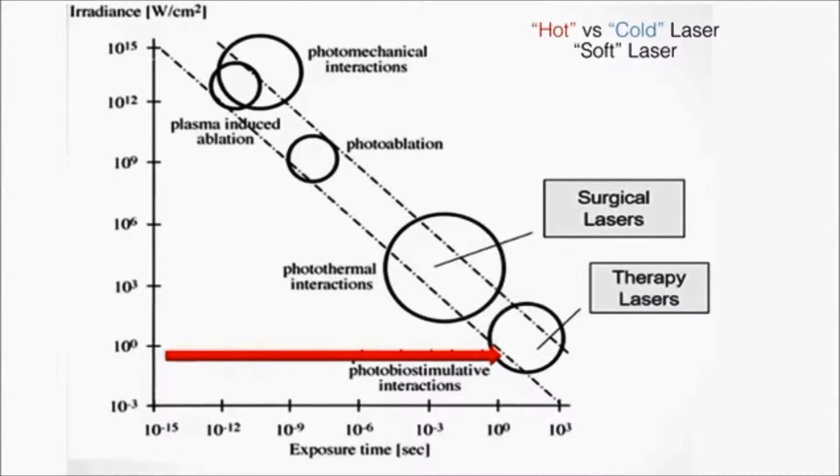What that line shows you on the bottom right corner is if you have a relatively long time frame without a lot of power, you get a therapy laser. But still using an 800 nanometer beam, if you decide to reduce the time and increase the power, you can actually end up becoming a surgical laser.